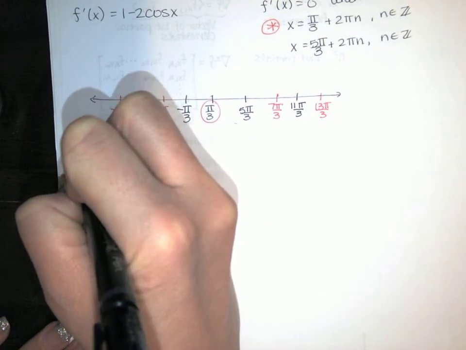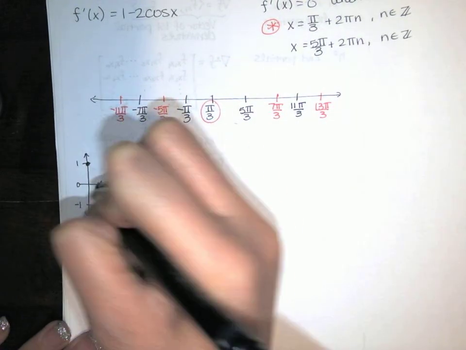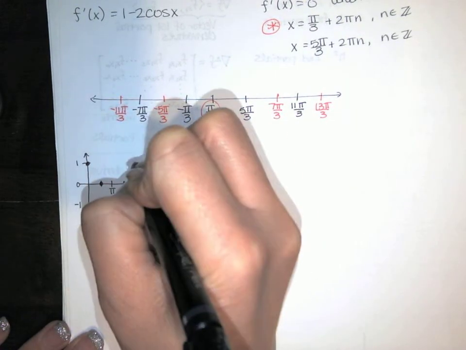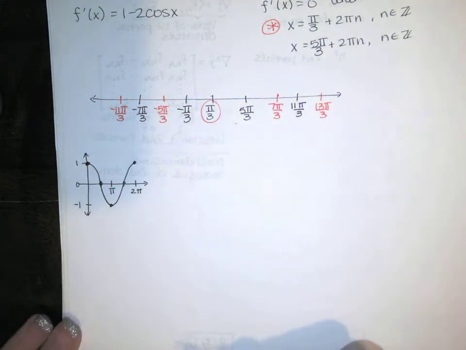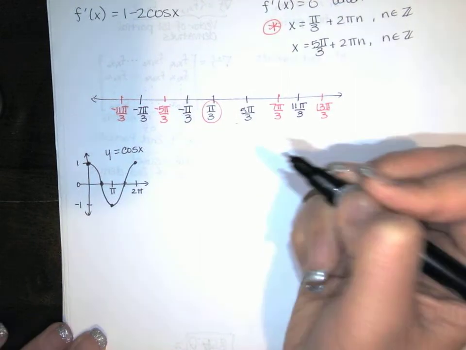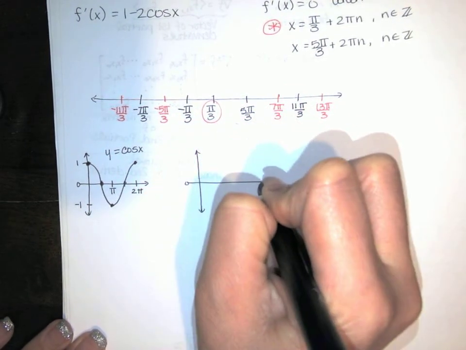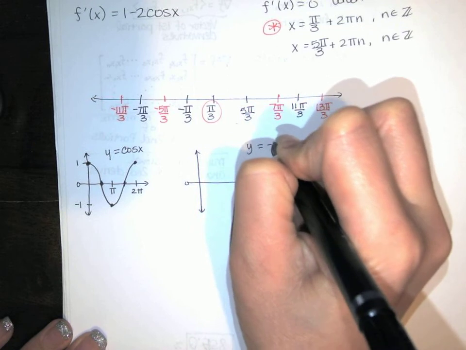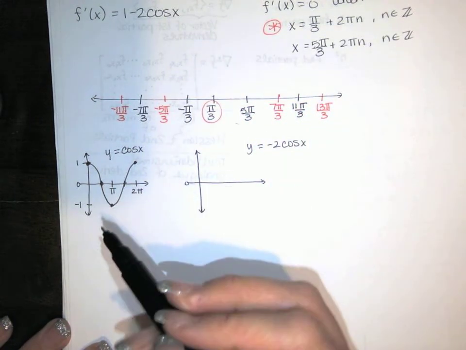We know cosine starts at its max. So it goes max, 0, min, 0, max. So that's what y equals cosine of x looks like. Now, if I multiply by negative 2, it's going to look almost exactly the same. But multiplying by a negative flips it.